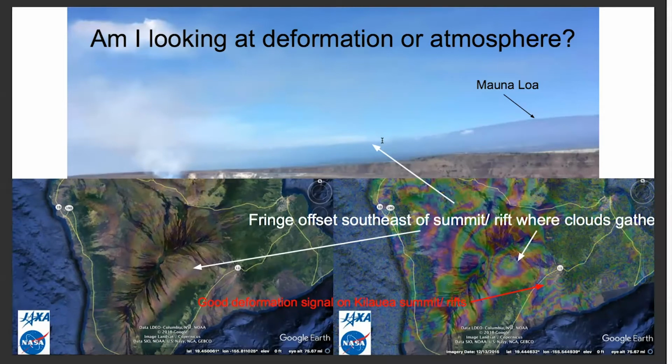And these Sentinel-1 images were done at about 4:30 UTC, which is 6:30 p.m. in Hawaii, which is prime time for atmospheric noise. So I'm guessing that this signal here is mostly noise, and might have a little bit of deformation underneath it. It could be the sort of thing where you could stack it and get it out of there. But I'm not going to submit an abstract to AGU or anything based on this.